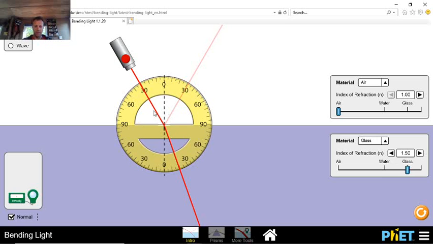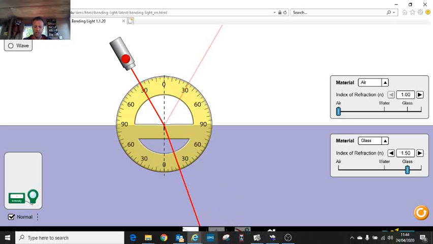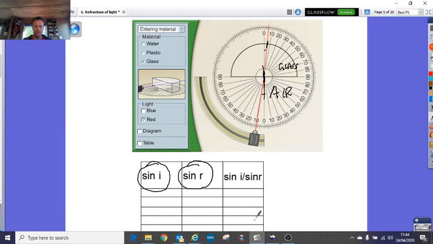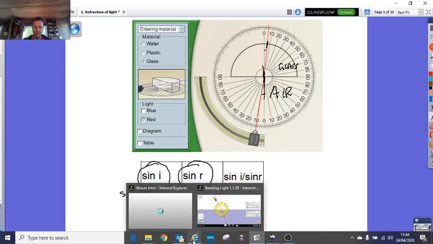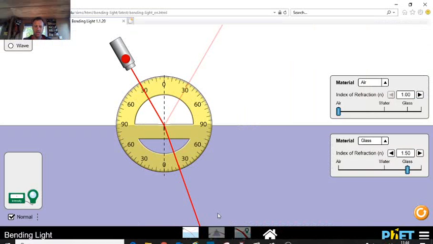And that's the angle of incidence. Now what I can do is go back to my simulation. If I have my angle of incidence, then I would work out sine 30 degrees. Now going back to the simulation, which is over here, I can see here I've got 10, 20, 30, and the angle is about 19, 20 degrees.